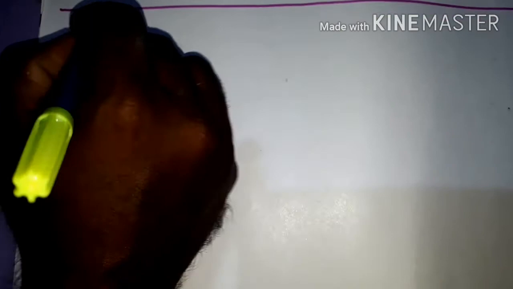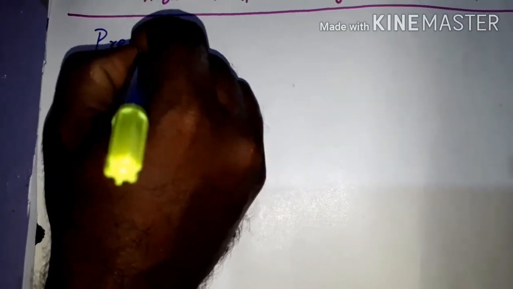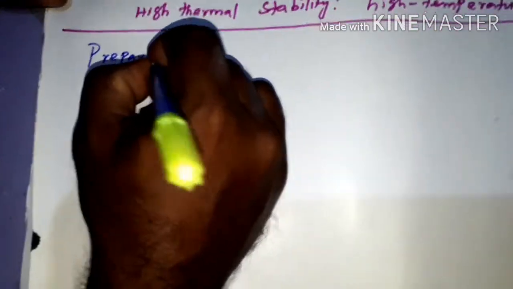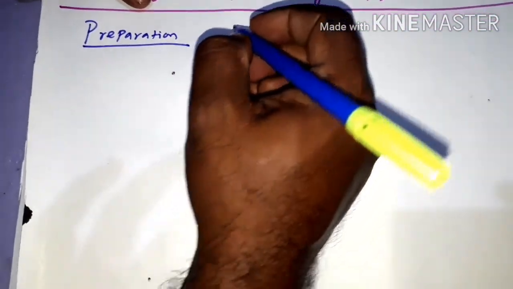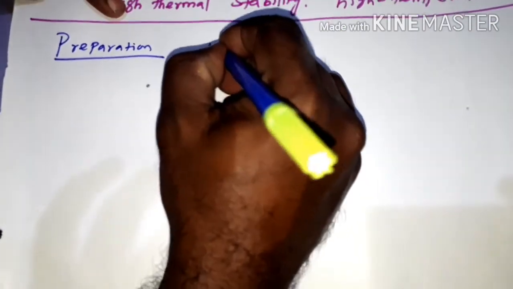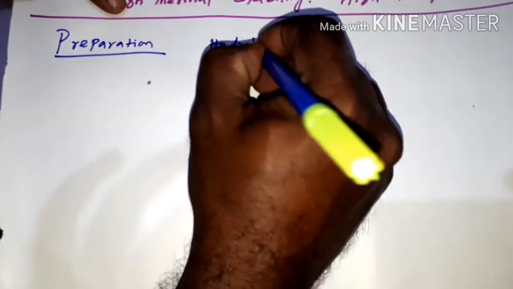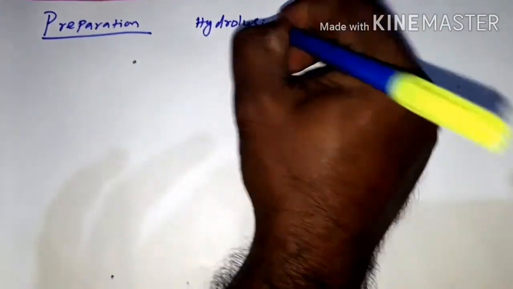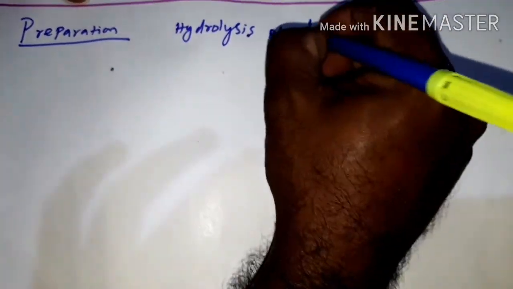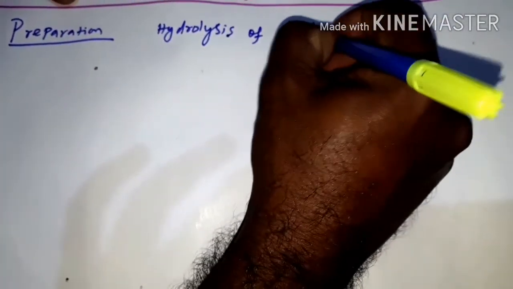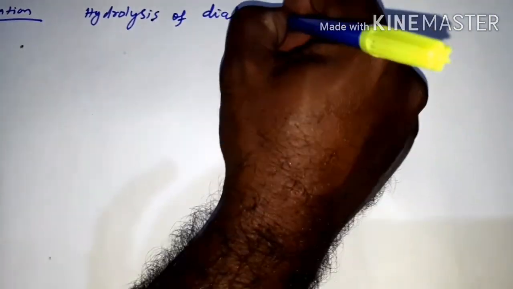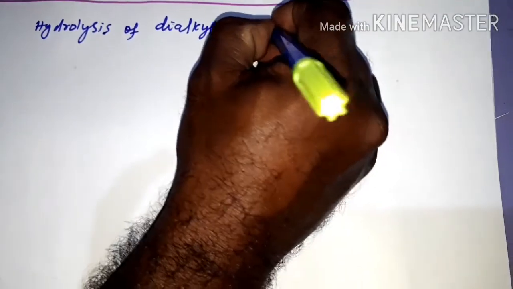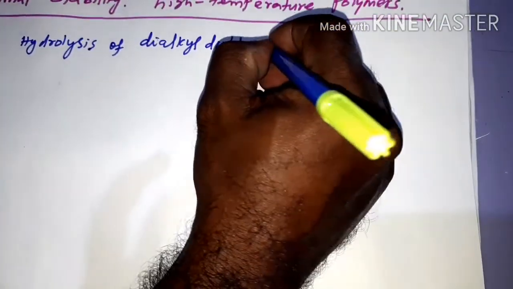The preparation of silicones. Generally silicones are prepared by the hydrolysis of dialkyl dichlorosilanes.